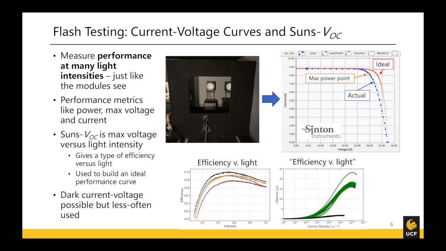So what we get out of the flash testing is a current voltage curve. So by looking at all these points, looking at the shape of the curve, looking at the values, we can get a pretty good idea of how the panel is performing and why it doesn't have as much power as we want it to.